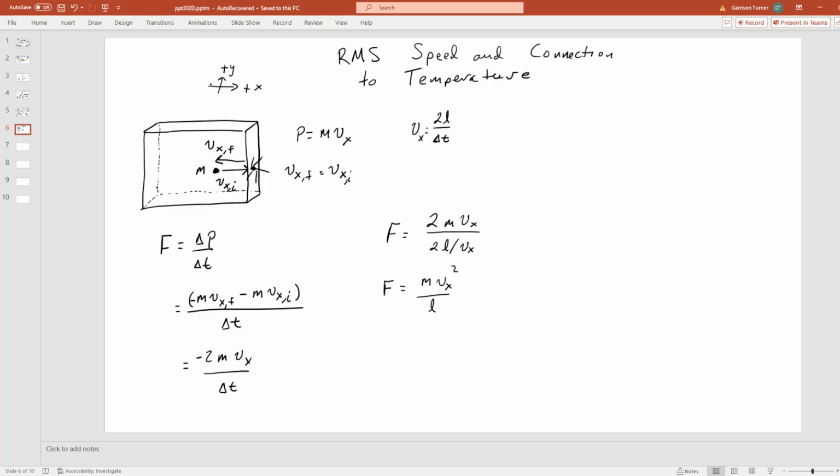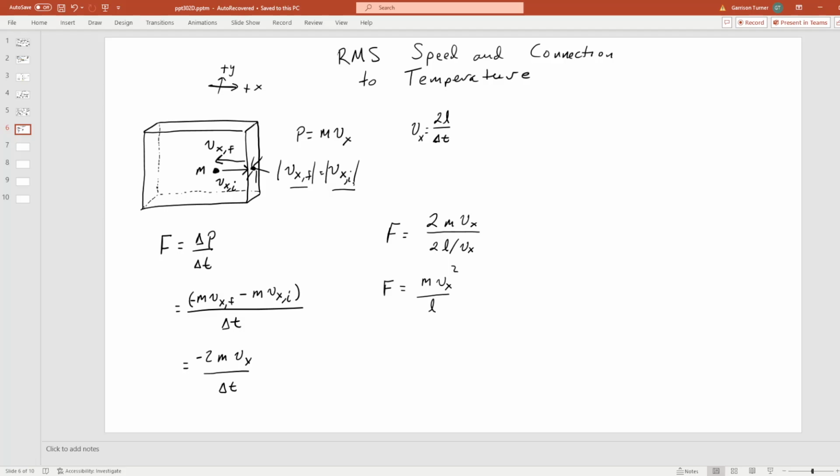Now in our coordinate system, the initial velocity is positive, plus x is to the right, and the final velocity is negative. But if the collision is truly elastic, then the final speed is going to equal the initial speed, within absolute value signs.